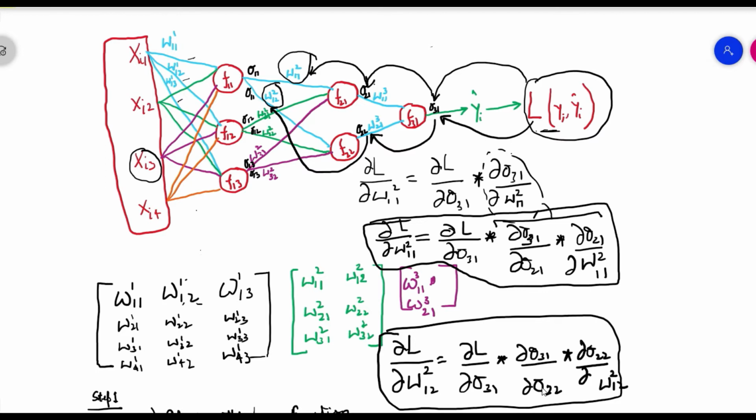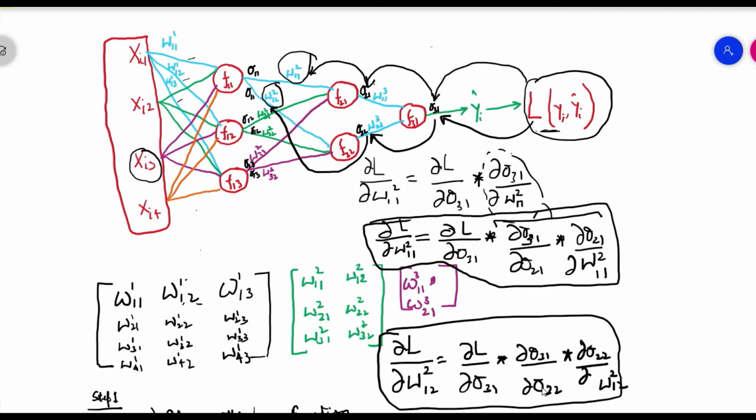Similarly, we can also determine the rate of change of our loss function with respect to this pair of weights W221 and W222 and this pair of weights W231 and W232. I'll just give you an expression for calculating it for weights W231 and W232.